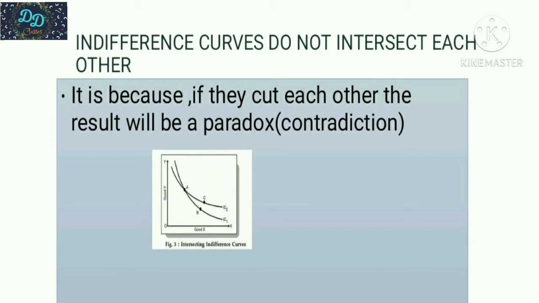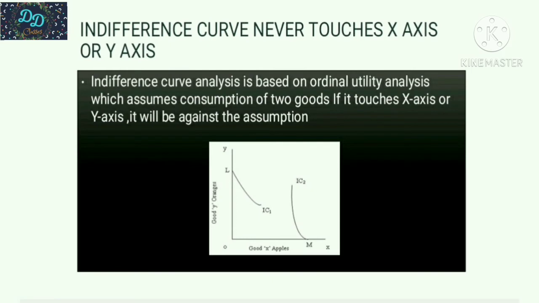The last one is that an indifference curve never touches the x-axis or y-axis. It is analyzed based on ordinal utility, which assumes consumption of two goods. If it touches the x-axis or y-axis, it will be against the assumption.